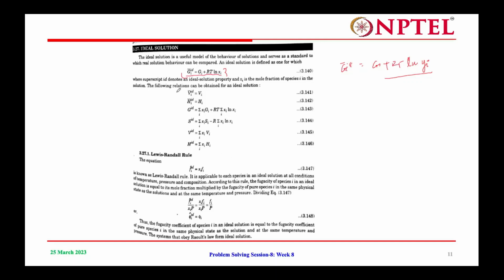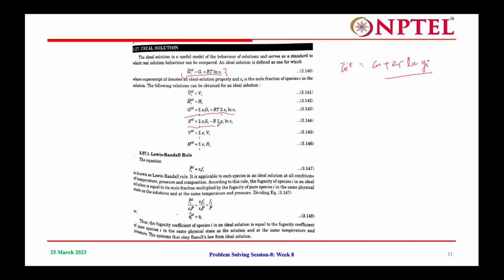So V_i bar ID equals V_i. This is for the ideal solution. H_i bar ID equals H_i. Similarly for G^ID, summation x_i G_i plus RT summation x_i ln x_i.